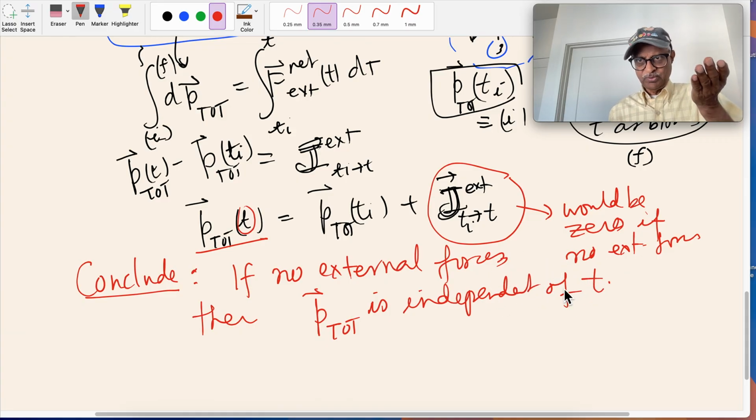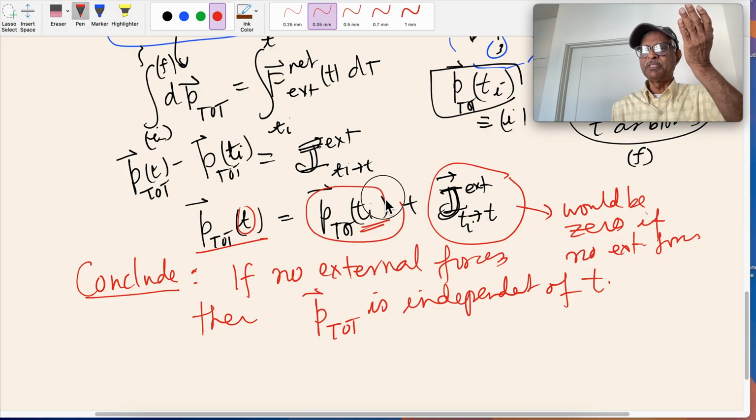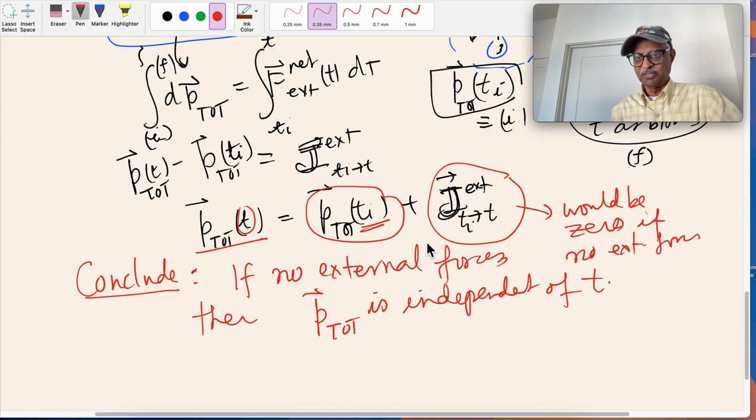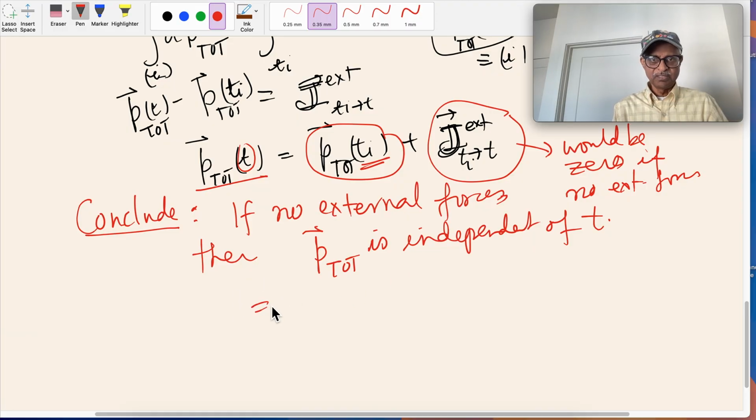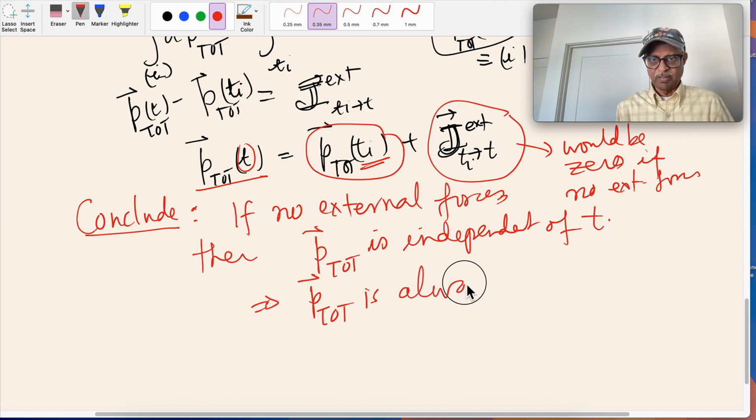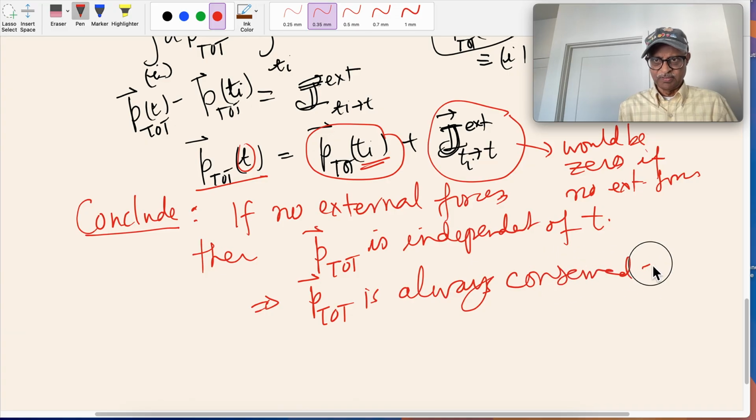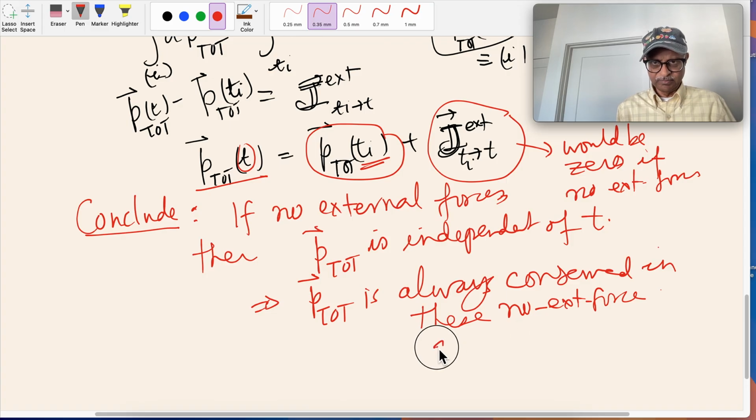The only thing true is that initially I had this value, and at any other time it is the same value, which means this whole thing is independent of time. That just means p total is always conserved in these no external force situations.